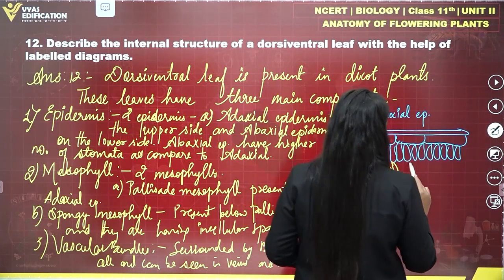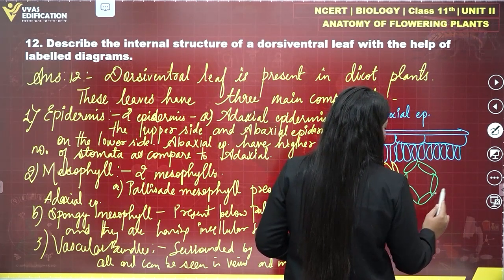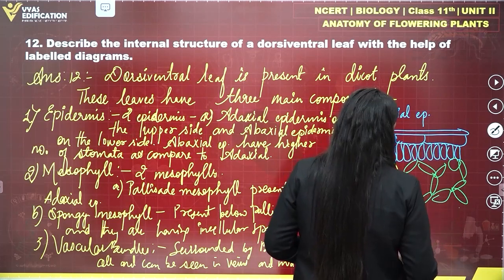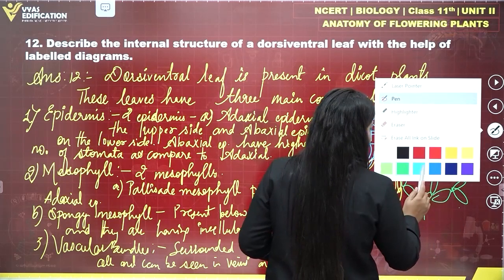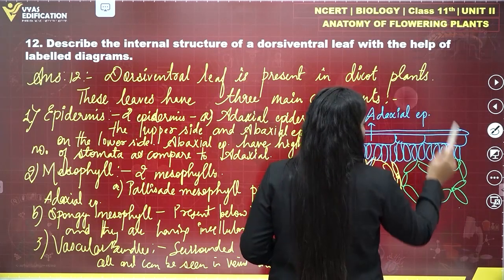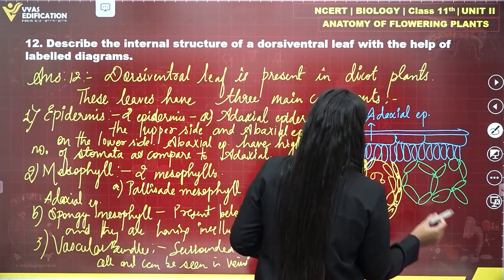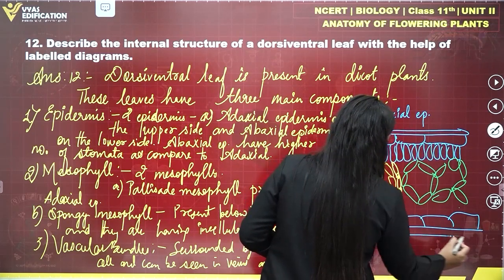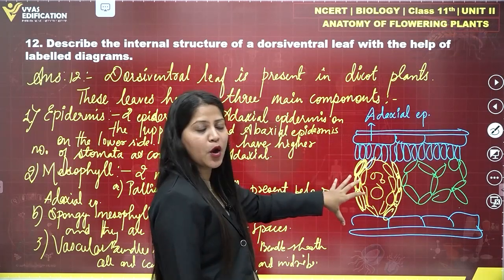Then also we have spongy mesophyll cells like here. These are spongy mesophyll cells. Then we have abaxial epidermis like this. So this is the complete diagram of the dorsiventral leaf, the anatomy of a dorsiventral leaf.